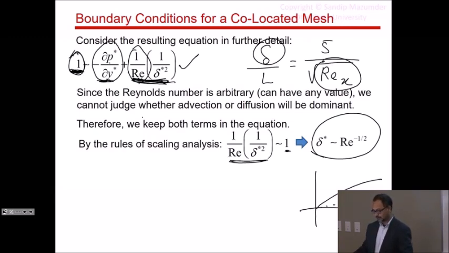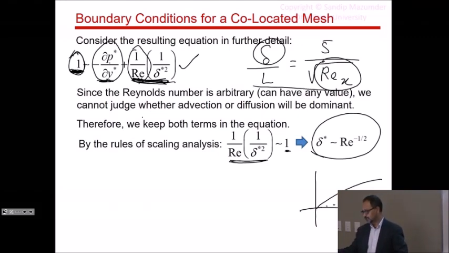If you think about it from the point of view of a passive scalar, I have blue dye flowing and red dye diffusing in from the wall. If the flow rate of the blue dye is very high, I'm just going to see a tiny skinny layer of red right next to the wall. If the blue dye flow rate is small, then the red is going to penetrate and I'm going to get a nice mixed boundary layer. That's exactly what's happening.